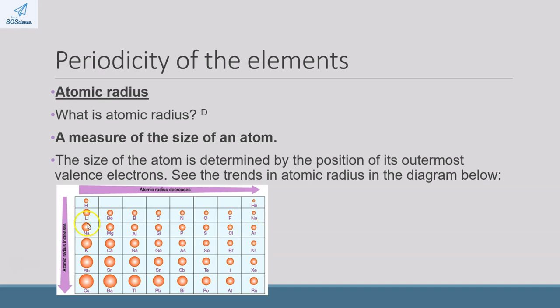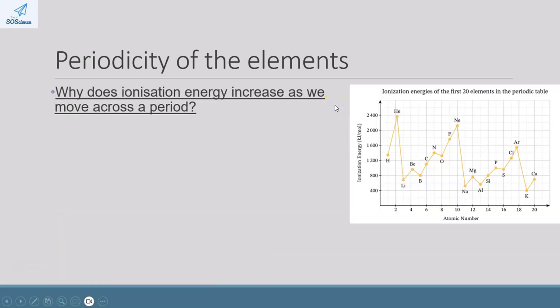But sodium has fewer protons and argon has more protons in its nucleus. So in the case of argon, there's a stronger electrostatic pull on the electrons, bringing them closer to the nucleus. Does it now make sense why it would take more energy to remove an outermost electron from argon relative to sodium? So let's come back to this question.